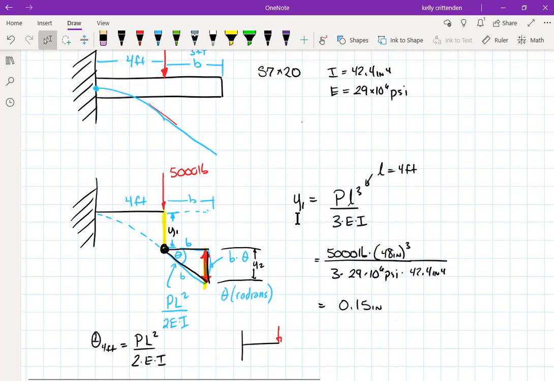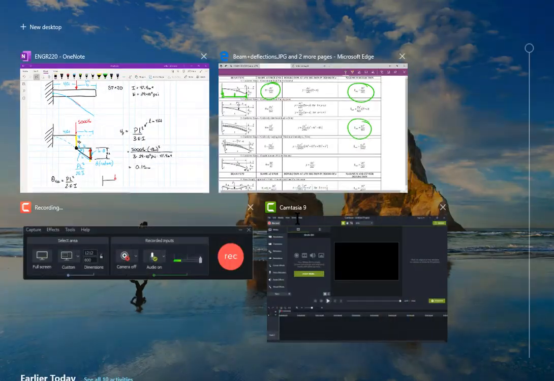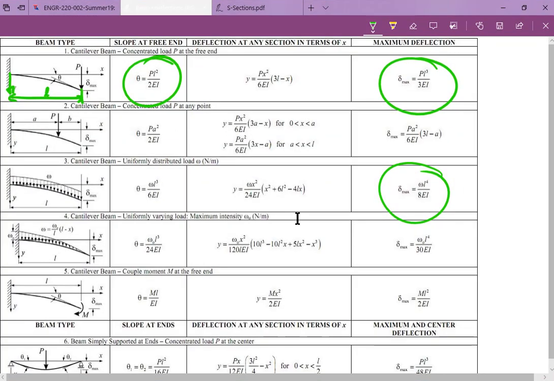Now this particular chart does give you a delta max for case 2, delta max. They've kind of combined them together already with that PA squared over 6EI times 3L minus A. They are doing a similar thing. If you expand that out, then they've got a similar type of equations that we created.